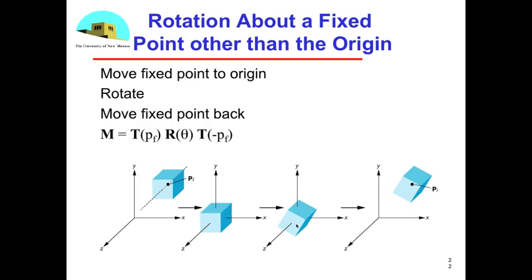So I'll do a translation, but by what? The negative of what I did to get it here, which is by PF, the coordinates of this point with a 1. Okay, so there's the form of it. It would be a translation, a rotation, followed by the inverse of the first transformation that I did. So there's rotation about an arbitrary point in space.